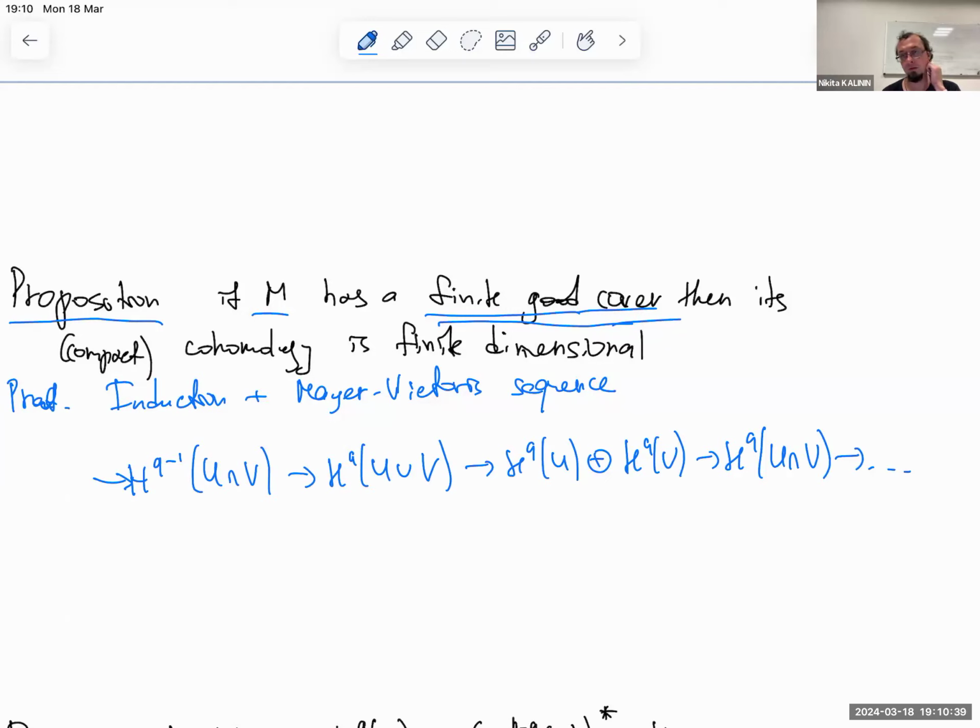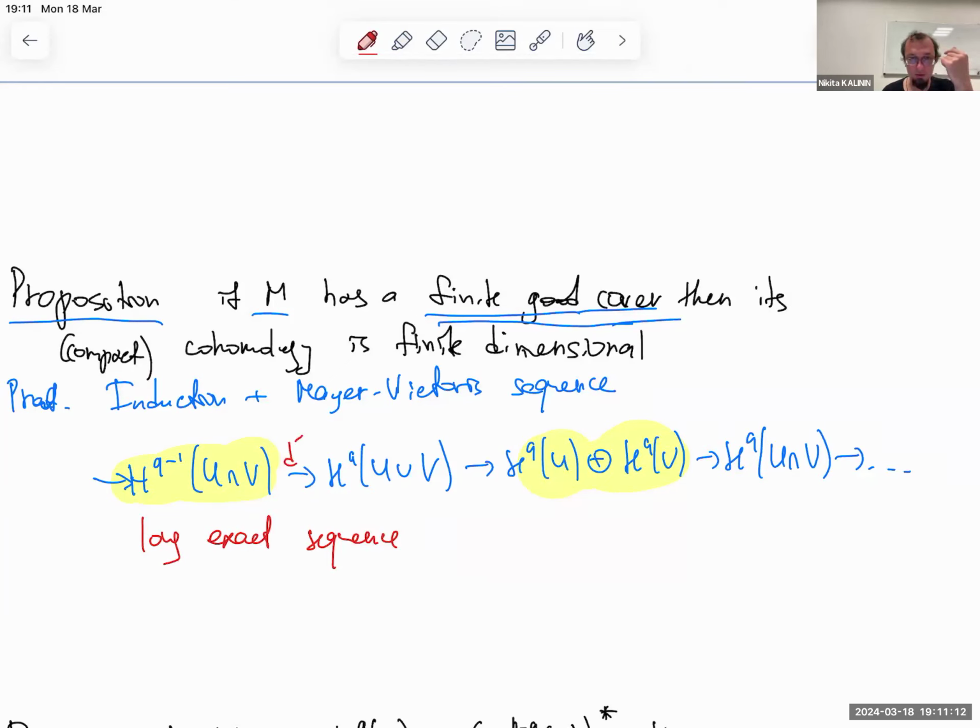Okay, and actually you remember that all these cohomology groups are vector spaces over R, you know that this thing and this thing are finite dimensional, and you know that the sequence is exact. It's a long exact sequence. Well, I can denote something.